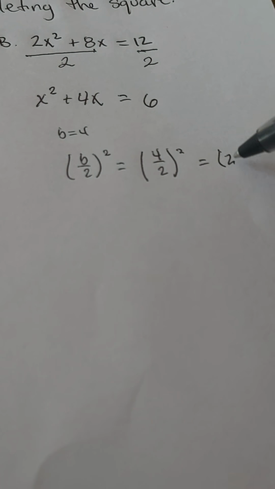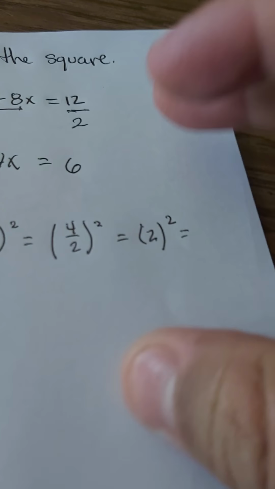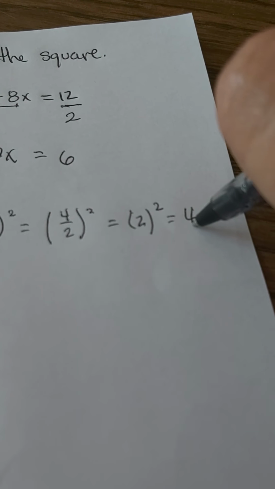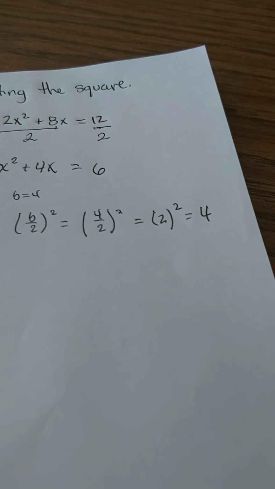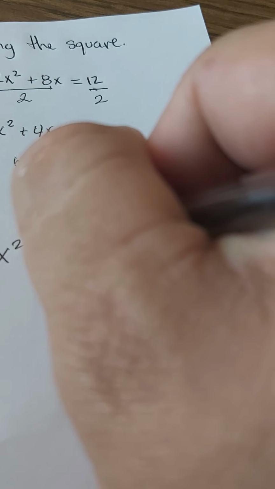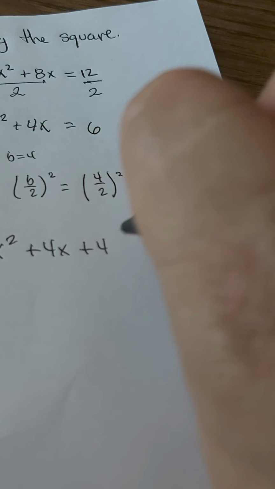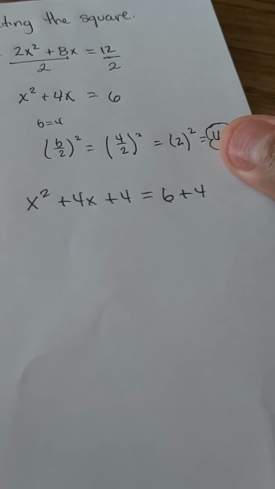Half of 4 is 2, squared. 2 squared equals 4. So now we're going to add 4 on both sides of the equation. So this will be x squared plus 4x plus 4 equals 6 plus 4.